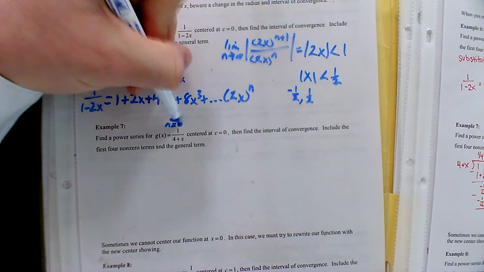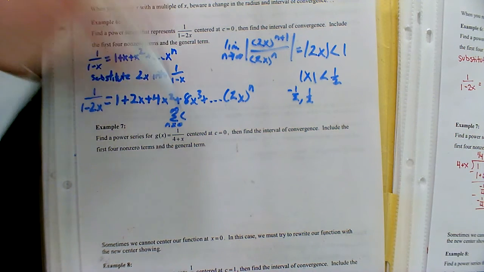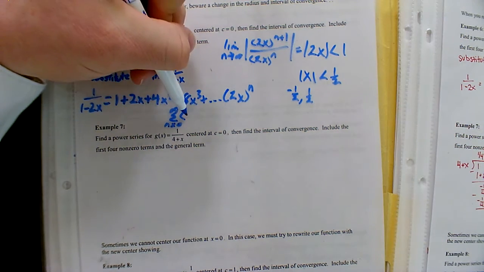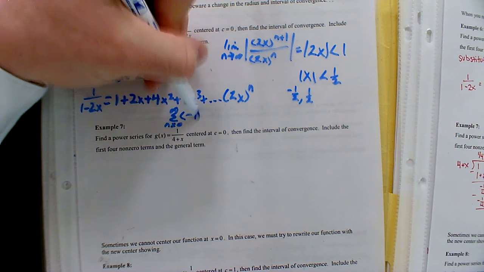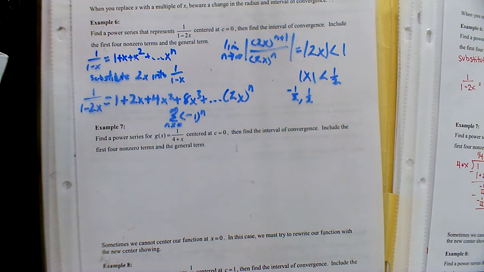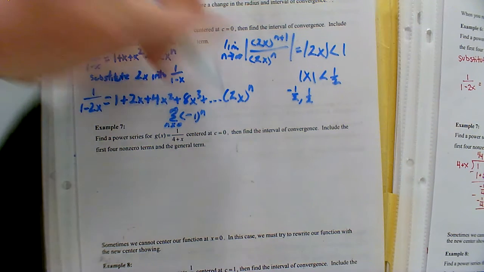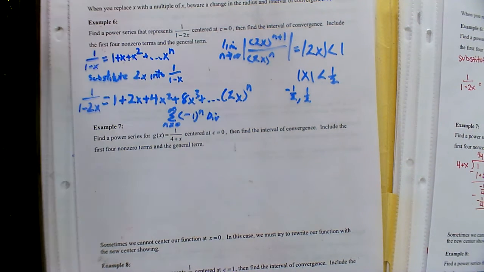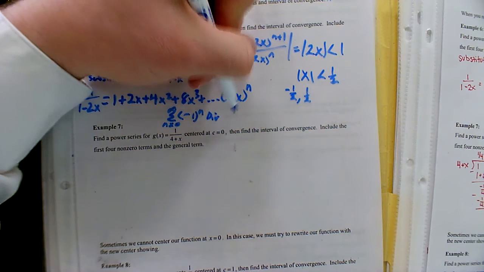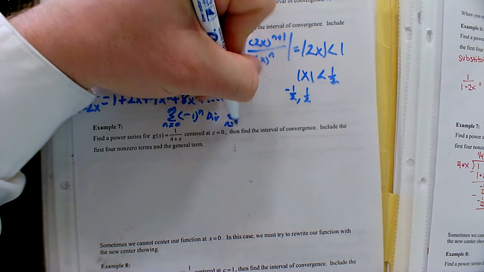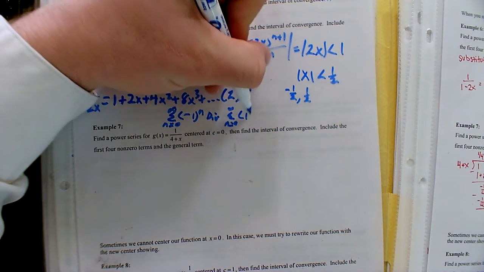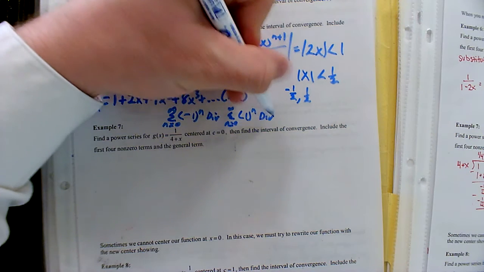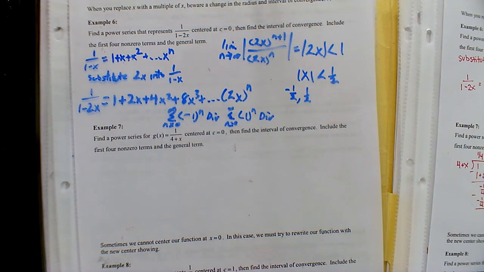Summation n equals 0 to infinity of negative 1 to the n. And that diverges. And then the summation of n equals 0 to infinity of 1 to the n, that also diverges. So parentheses or brackets.